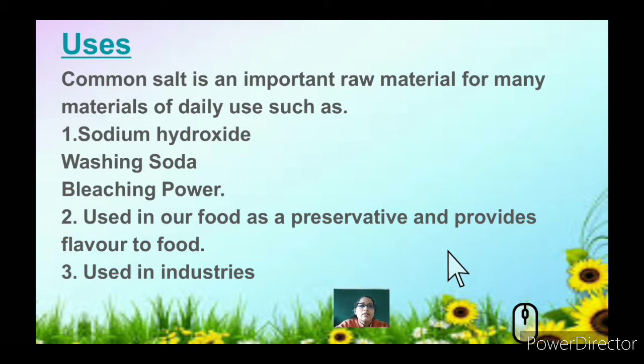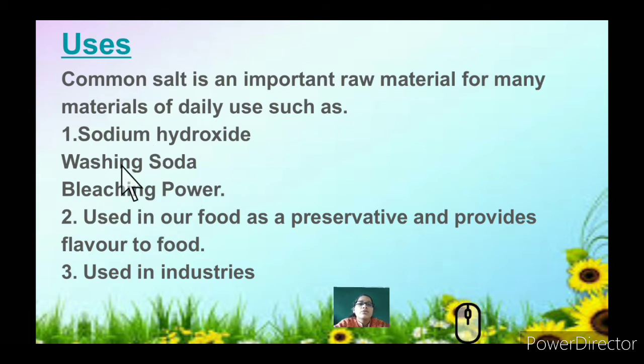So let's understand what uses these salts have. Common salt is majorly the raw material that we use in our daily life. From this salt we can make different substances such as salts, bases, etc., like sodium hydroxide. Sodium hydroxide is also prepared from common salt.